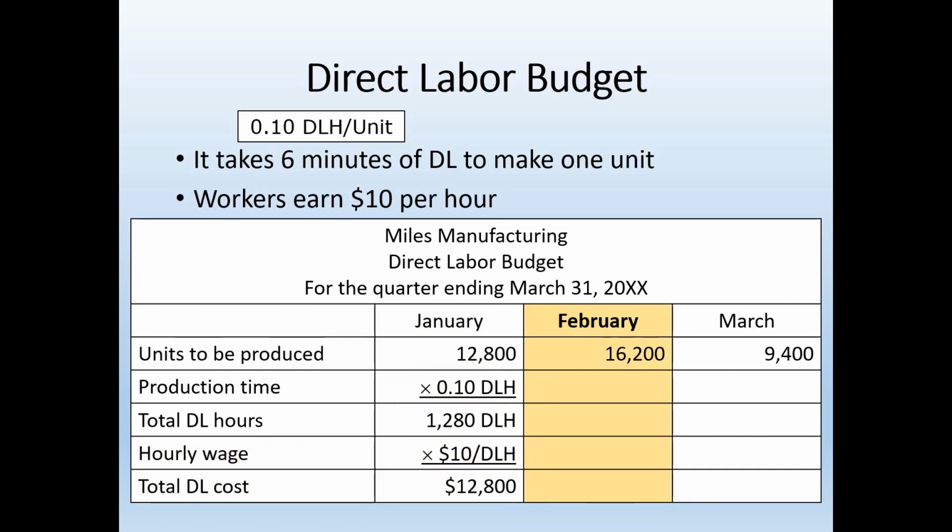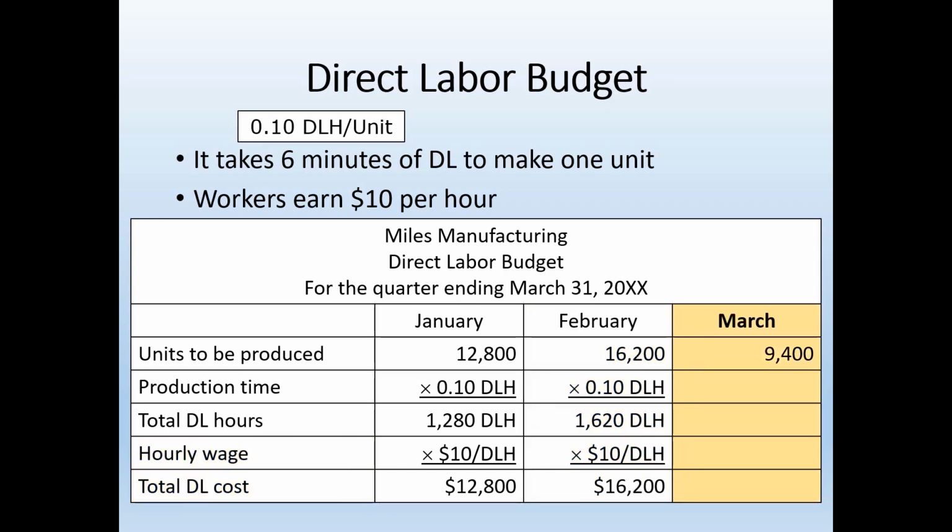In February, we do the same thing. We multiply the number of units that we expect to produce times 1/10 of an hour per unit to get the total number of labor hours, and then multiply by the hourly wage to get the total number of dollars needed to pay our workers in February.